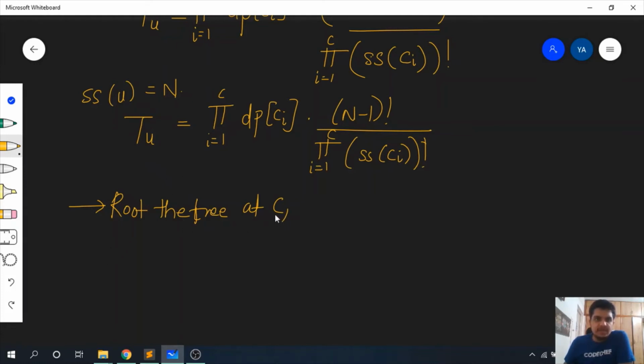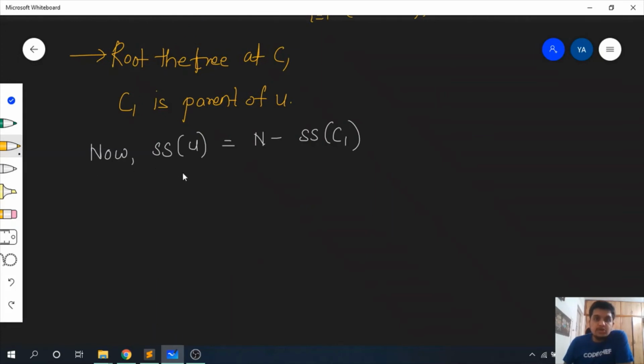So c1 is one of the children of node u. So when we root the tree at c1, then c1 is the parent of u now, and this is pretty obvious, right? So now let us see how we can find the number of topological orderings for c1.